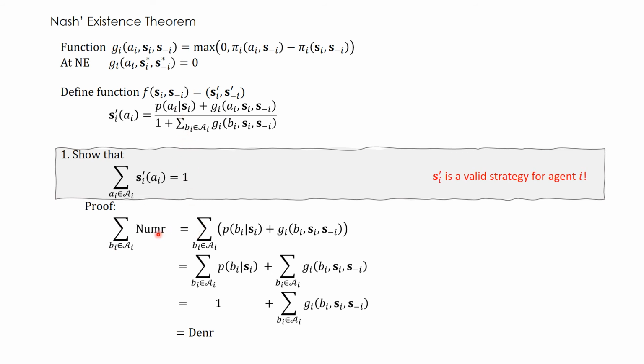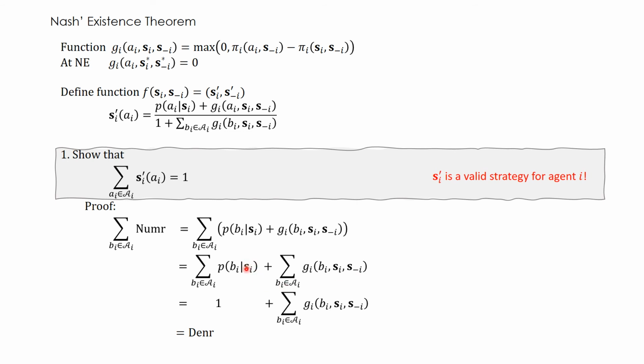So this summation of the numerator is equal to the summation of this here, probability of BI given SI plus GI of BI, SI, S negative I. And then I break up the two terms. So the first summation is the summation over all actions of agent I of P of BI given SI, plus the summation of GI of BI, SI, S negative I.